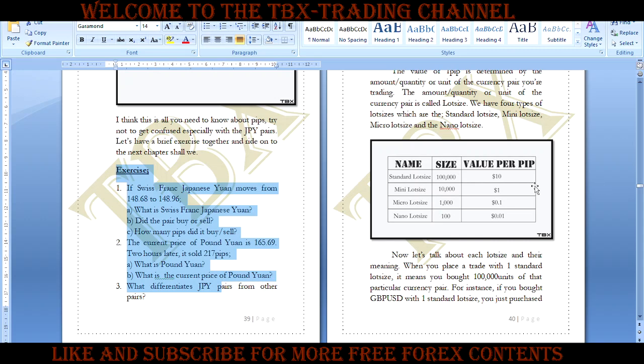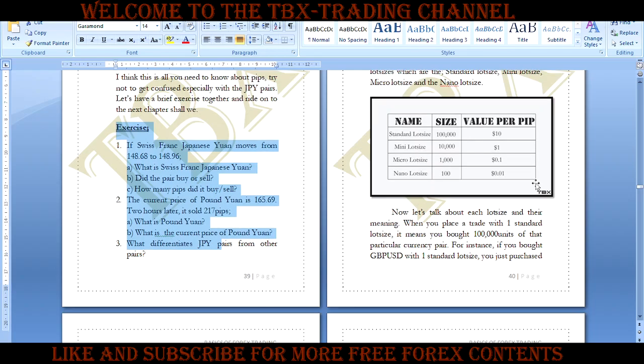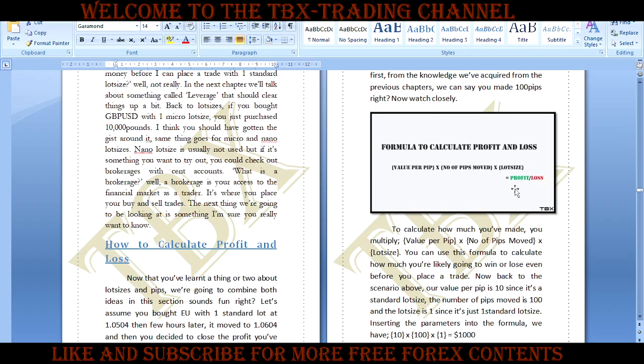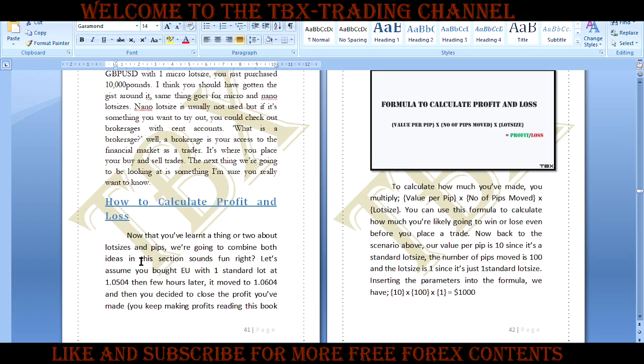So the amount of lot size you use per trade is dependent on the capital you have, or your equity. You have to place your trades respecting your capital, because there are people that do what we call over leveraging or over trading. You're going to get to understand all of this very soon.